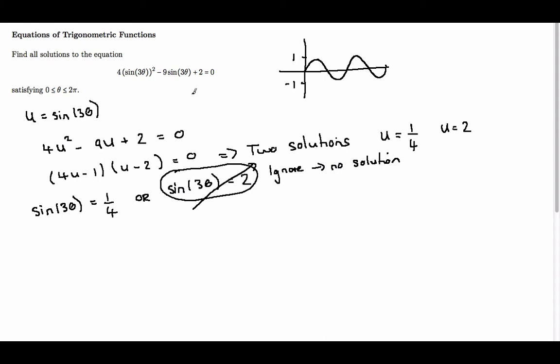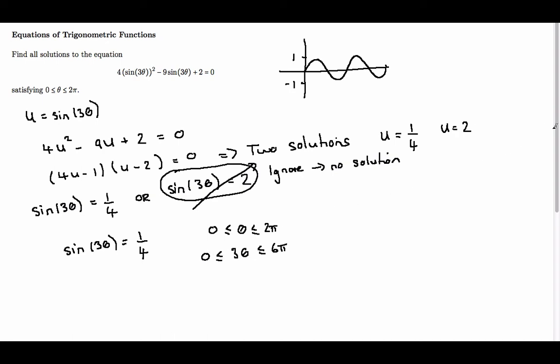So the only solution to our equation comes from sine of 3 theta being equal to 1/4. Now to proceed, we see that theta is between 0 and 2 pi. But we don't have theta here, we have 3 theta. So 3 theta must go between 0 and 6 pi.